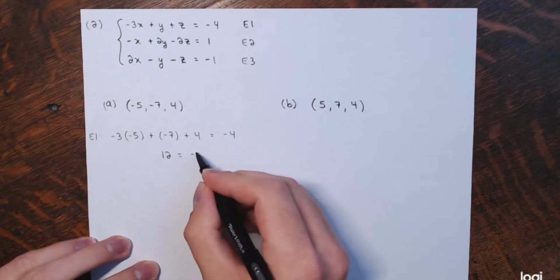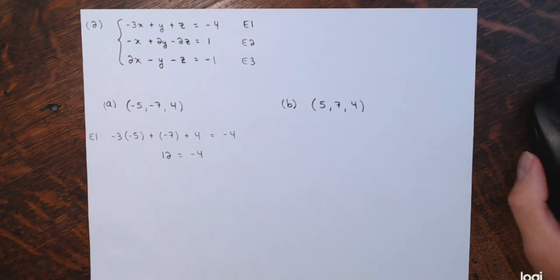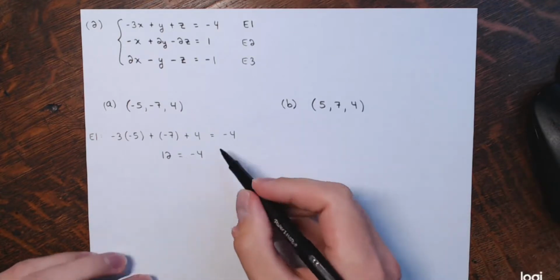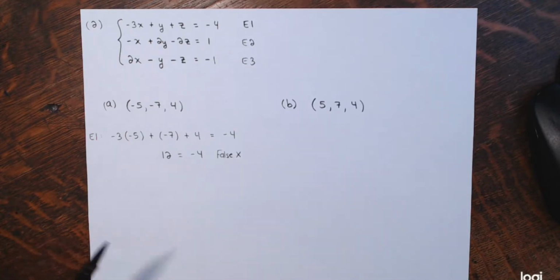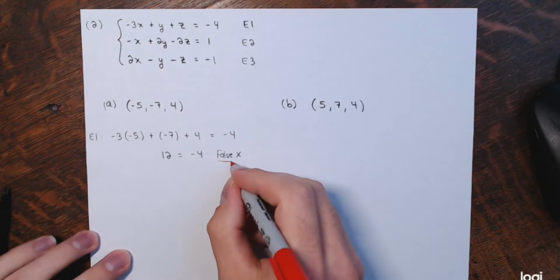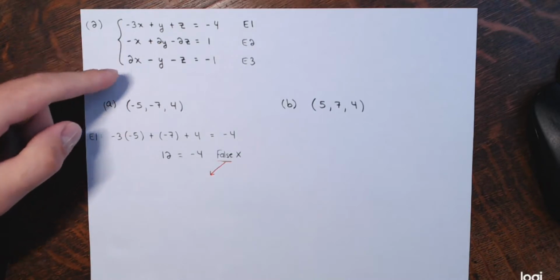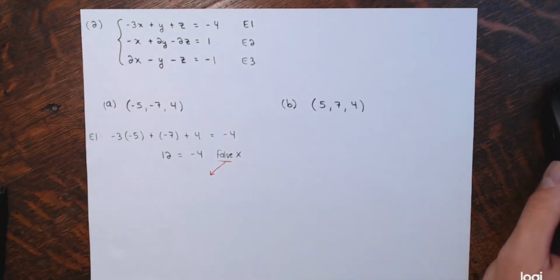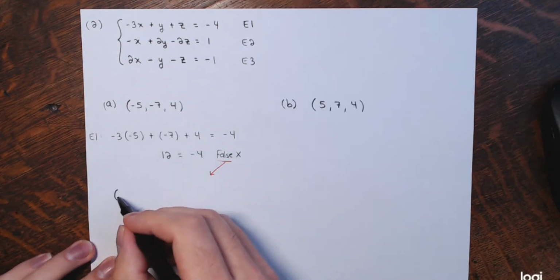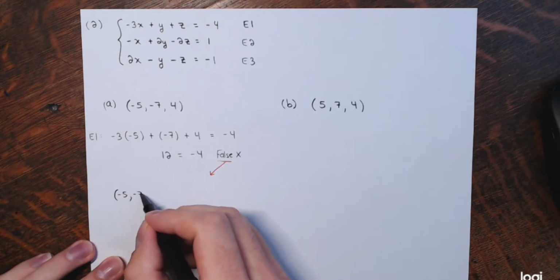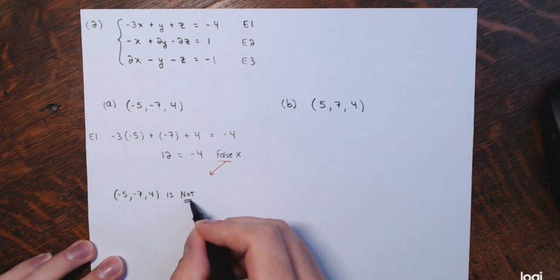So immediately I am getting a false statement. I'll put a big X next to it. And because we found a false statement right away, I don't have to check equations 2 and 3. So this ordered triple, negative 5, negative 7, 4, is not a solution of the system.